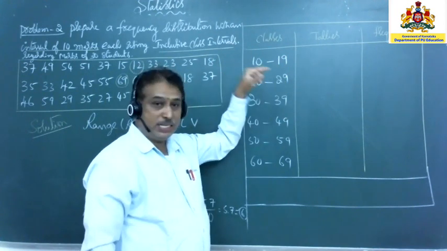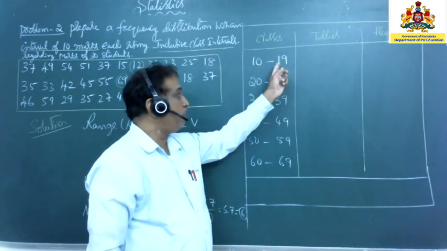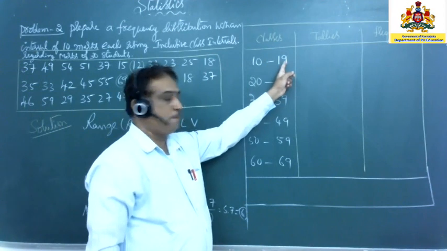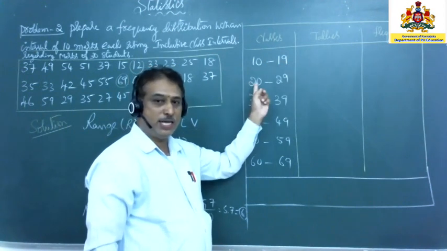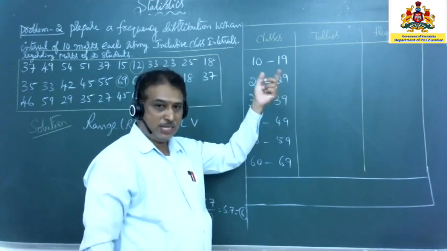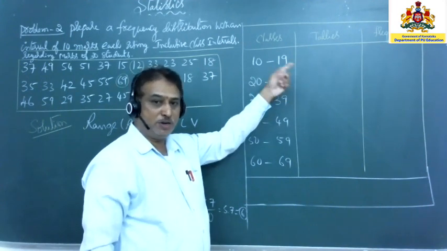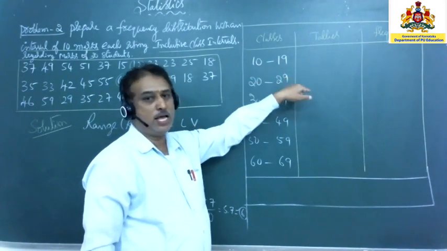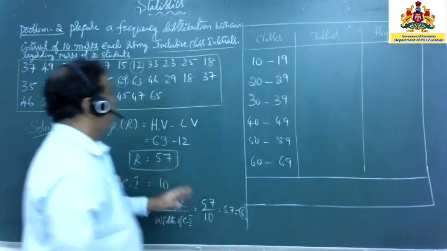But here it is inclusive type of class intervals, so we have to include the upper limit. That's why the upper limit of the first class is not the same as the lower limit of the next class. There is a gap between the classes.